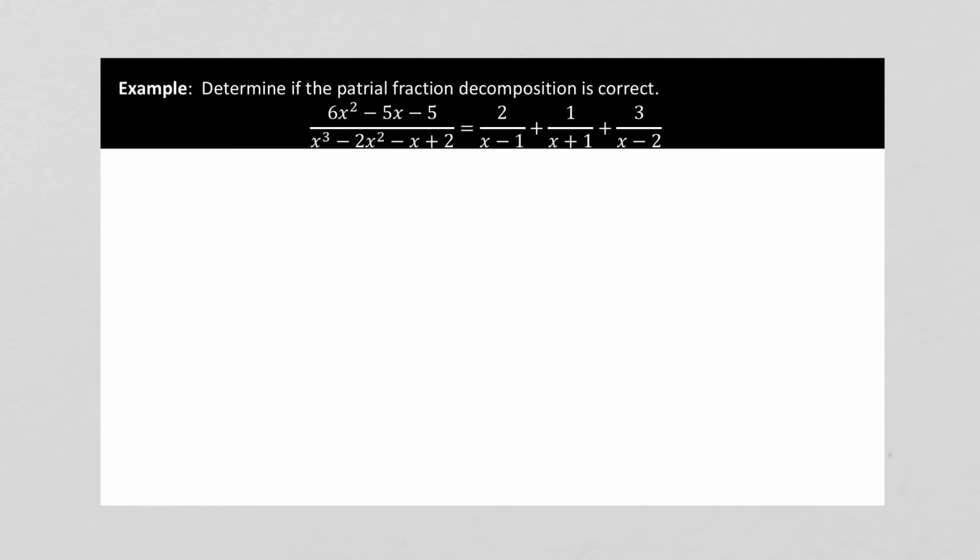This example says, determine if the partial fraction decomposition is correct. Now, how would we determine if they're correct? Well, we would determine if they're correct by taking this, getting common denominators, and actually adding them back together.